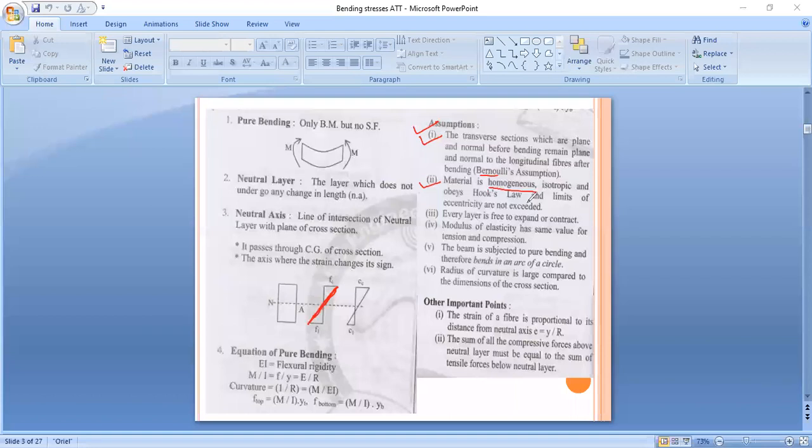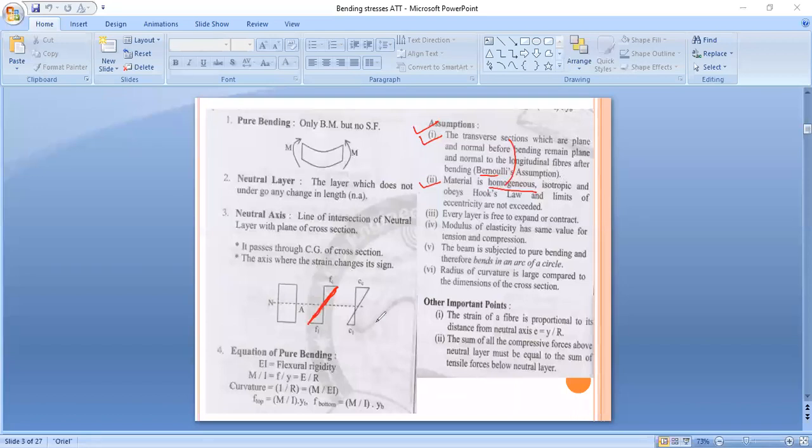All directions same, homogeneous. And isotropic means at any one point. Isotropy means, yes please. Elastic properties at any point come under homogeneous, and isotropy means any direction.